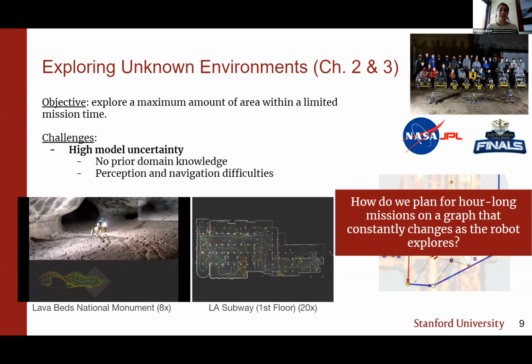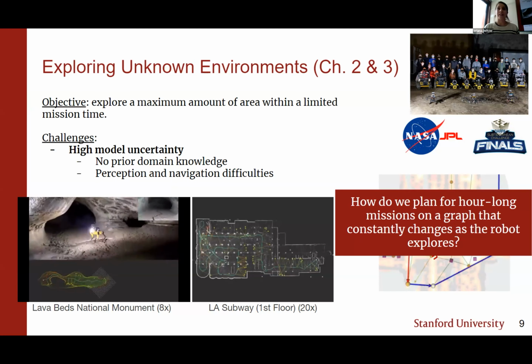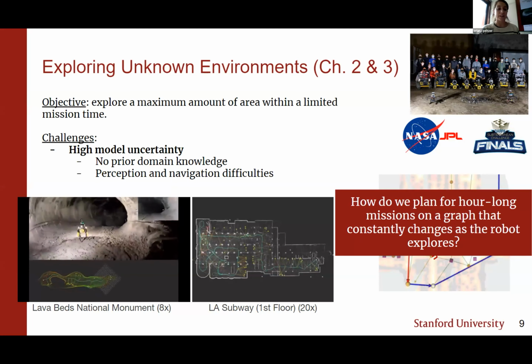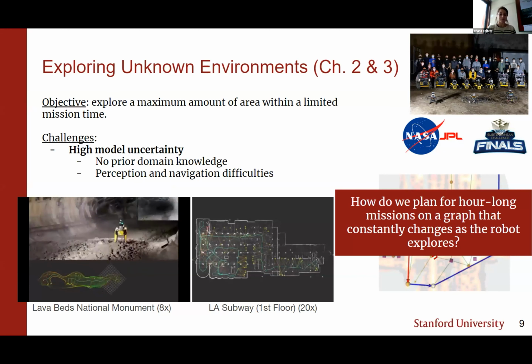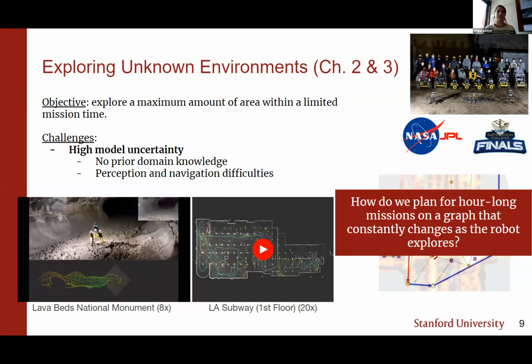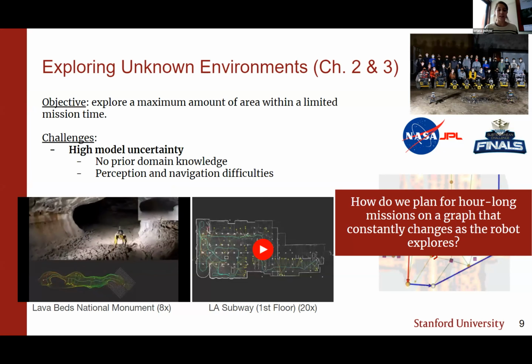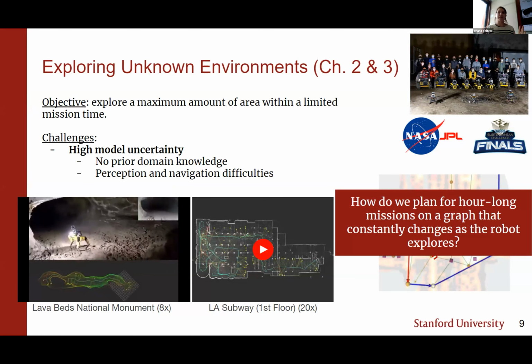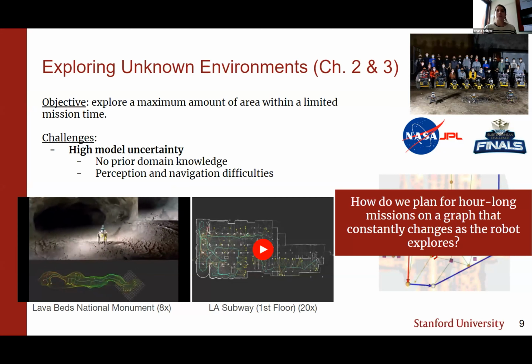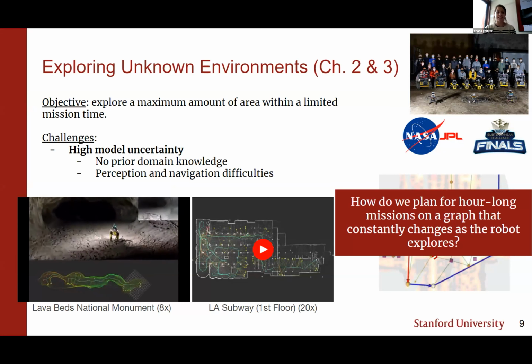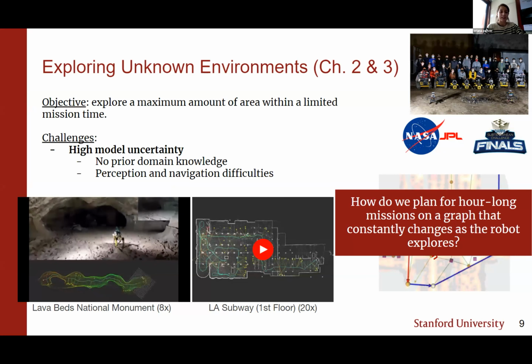The purpose is that we want to send autonomous robots into these subterranean environments that pose navigation and perceptual challenges for the robot, and have the team of robots cover or explore as much of the environment as possible. In that case, it was in order to locate artifacts.